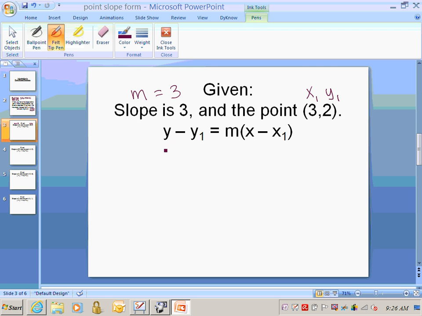So I'm going to have y minus y1, which is 2, very good, equals m, which is 3, times x minus 3, good.